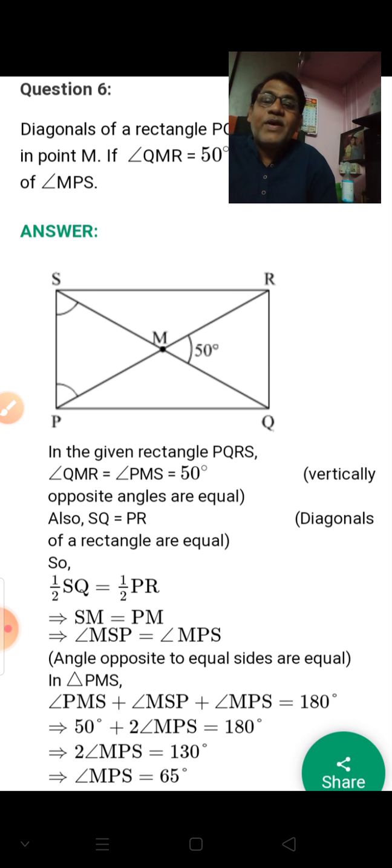Therefore, PMS is already known, that is 50 degree, and MSP and MPS are the same. So 2 MPS is equal to 180 minus 50, which is 130. Therefore, angle MPS is equal to 65.